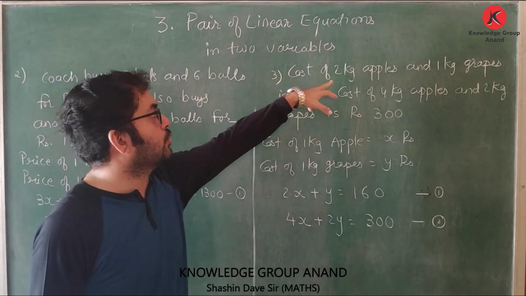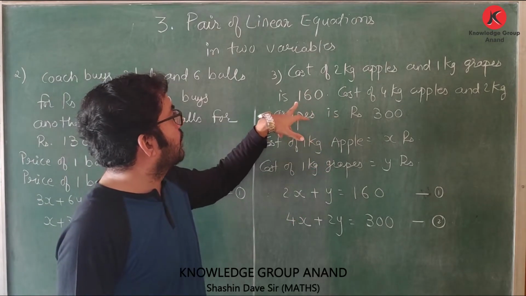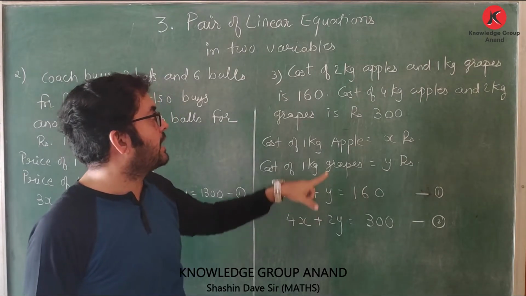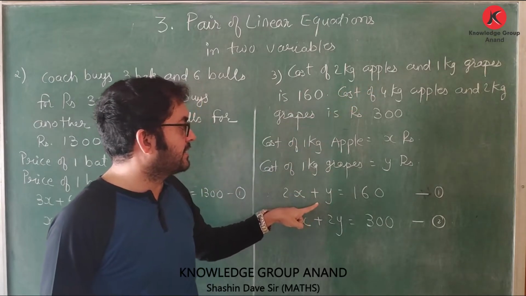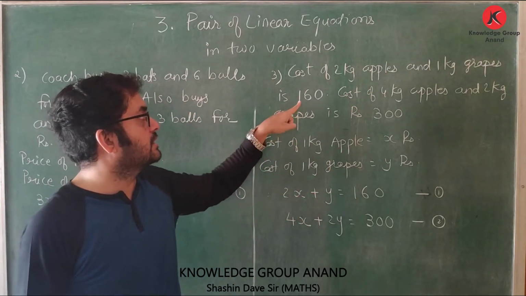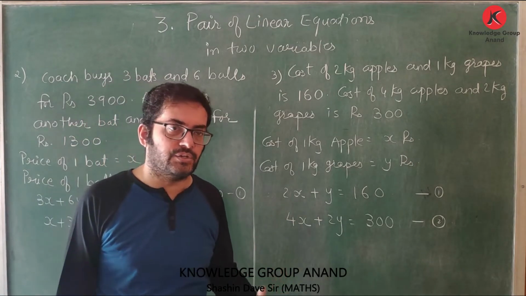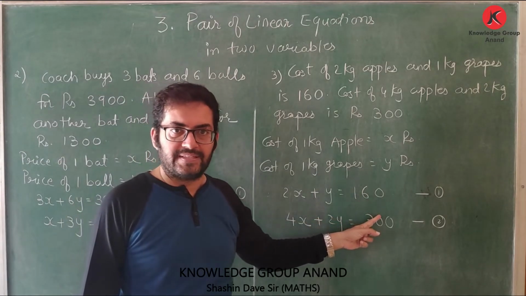Now we have 2 kg apples, that will be represented as 2x, plus we also have 1 kg of grapes, so it is represented as y. So 2 kg apple is represented as 2x, 1 kg grape is represented as y, and the cost is rupees 160. So the first equation based on the first condition will be 2x plus y is equal to 160.